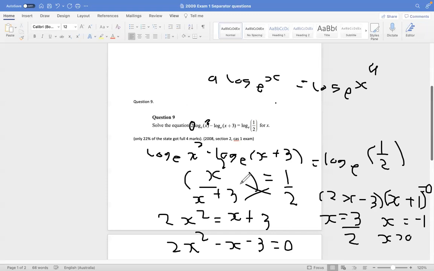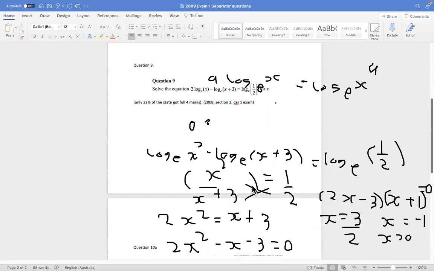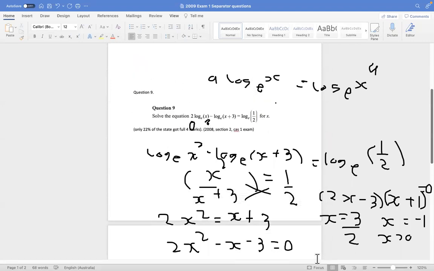So therefore, we can have a statement saying, therefore, since x is greater than 0, we must neglect the option x equals -1. So therefore, x equals 3/2.